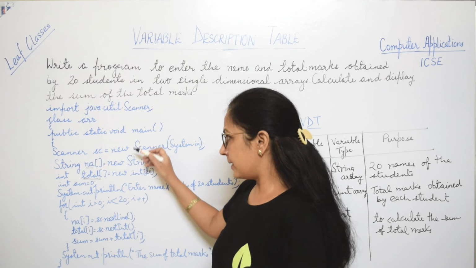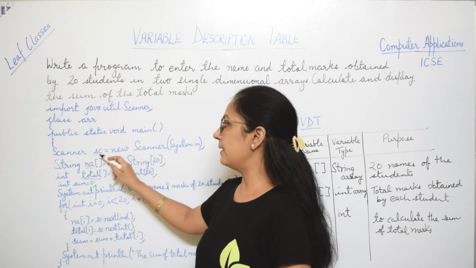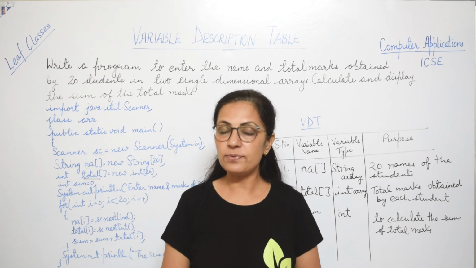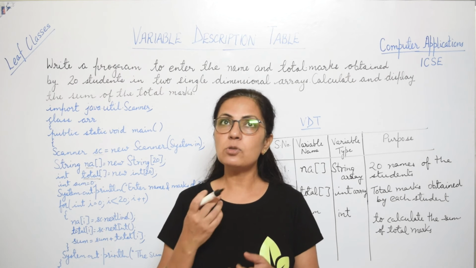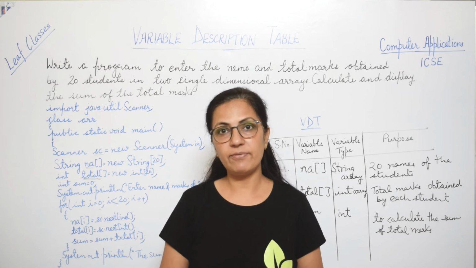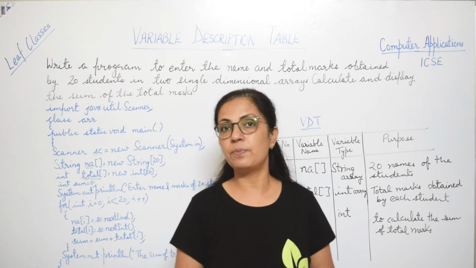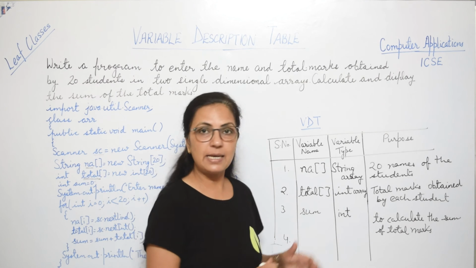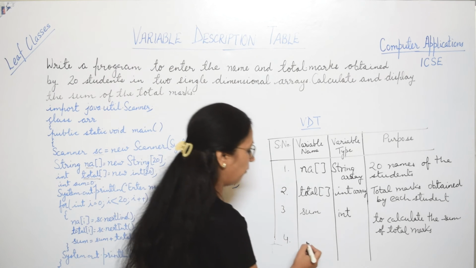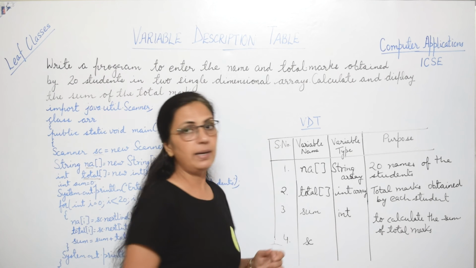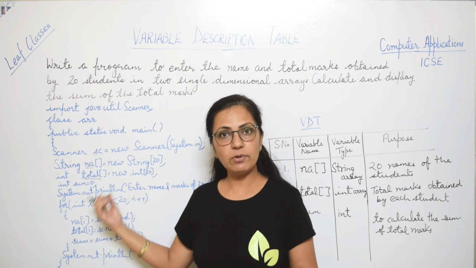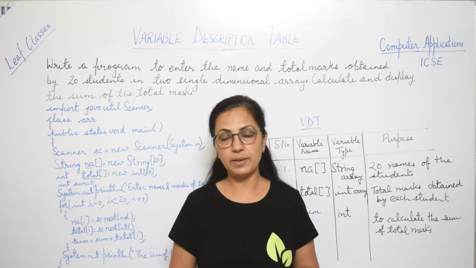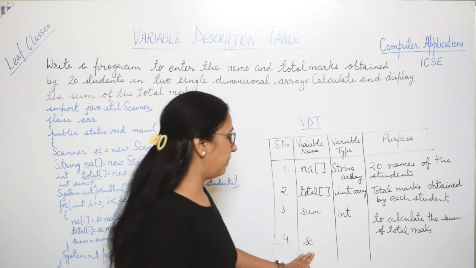But if you check here, one more variable is there, SC, right? And this is the object of the scanner class. We use objects when we use user-defined functions, and children find problems in writing for objects also. So I'm just telling you one example for this, how we will be writing the variable name. Simple. The name which you have used here, that user-defined name is the variable name, right? So SC is the variable name.